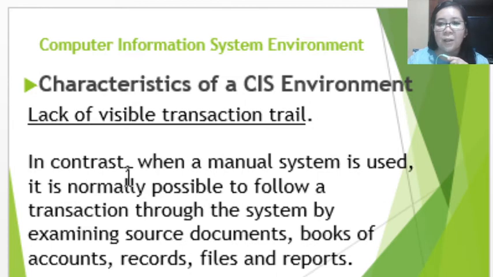Okay, so in contrast, when a manual system is used, normally it is possible to follow a trail to the system because there are source documents, books of accounts, records, files, and tangible reports where the auditor can trace or vouch a particular transaction or account balance.